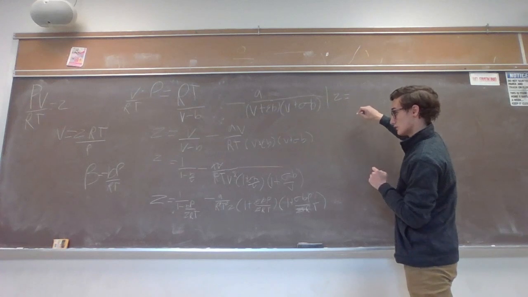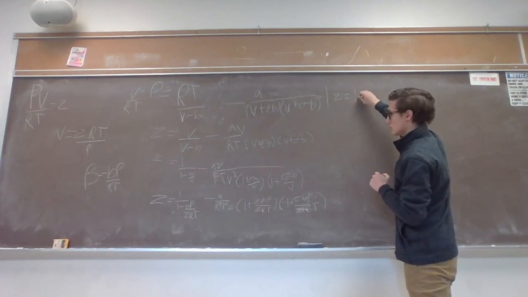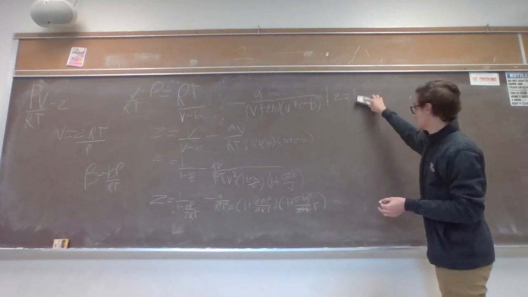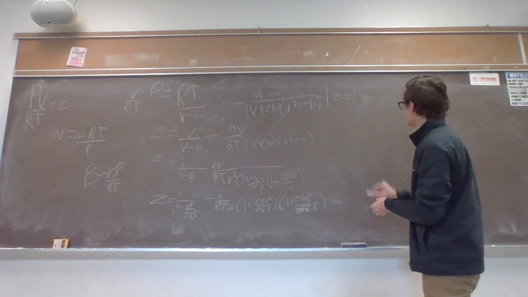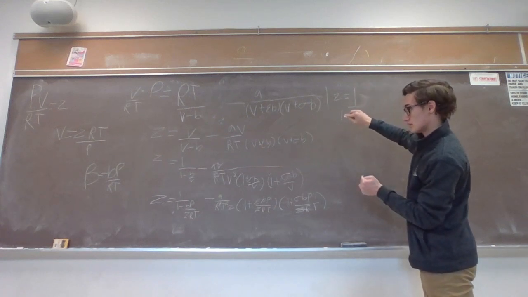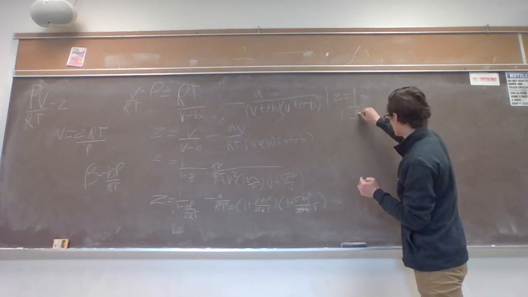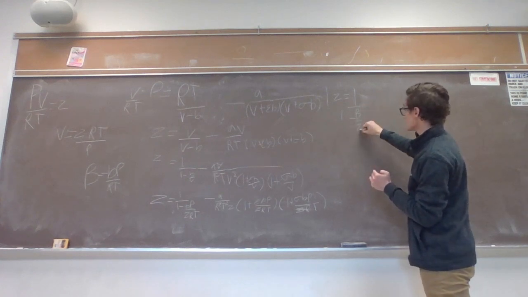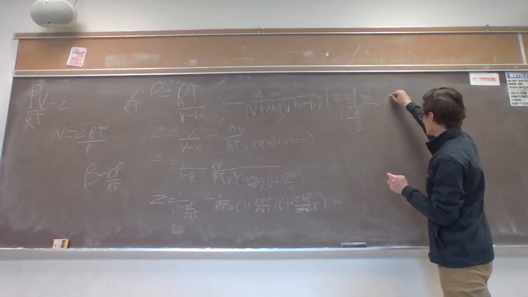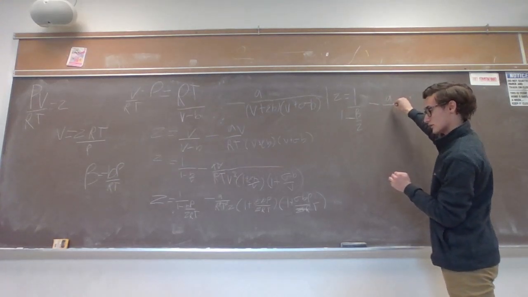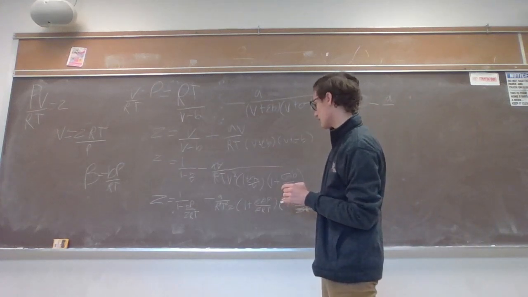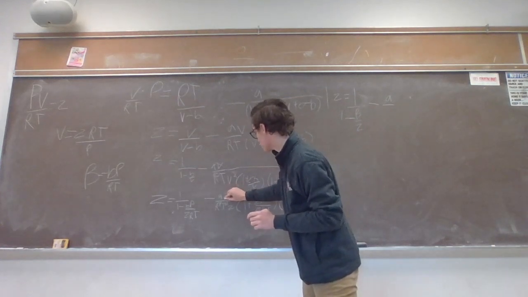So we end up getting Z equals 1 over, oh jeez, I need to focus on what I'm writing. So we get 1 over 1 minus beta over Z. And then for the a term, we would have a over, let's see. I forgot to add pressure up here.